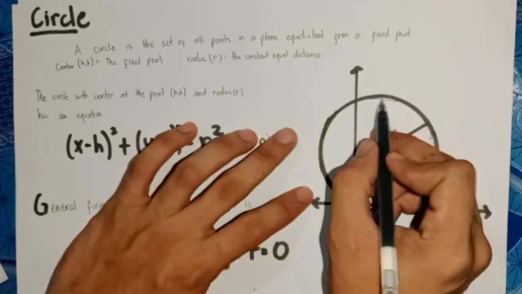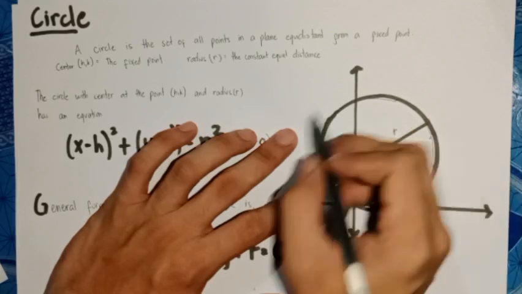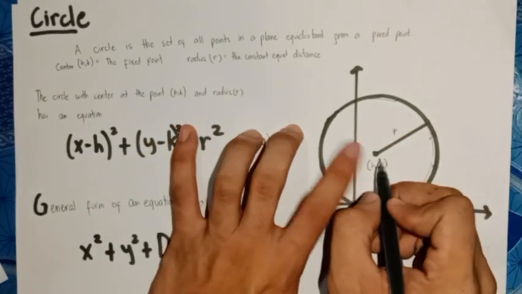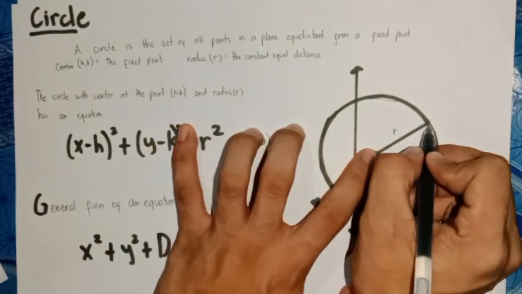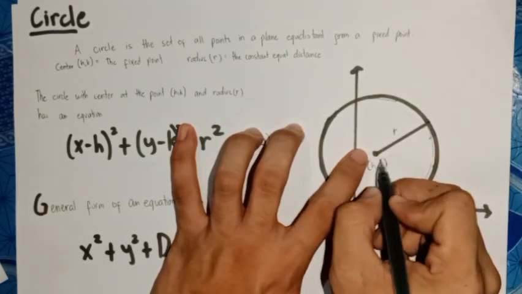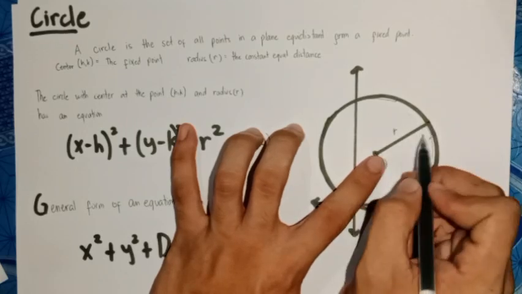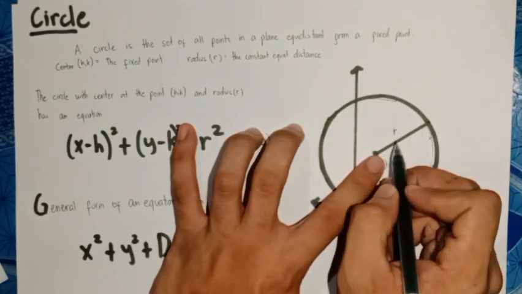And these are the set of all points. Imagine that this is our center, and the distance from the center to a point is called the radius. The constant equal distance is what we call the radius.